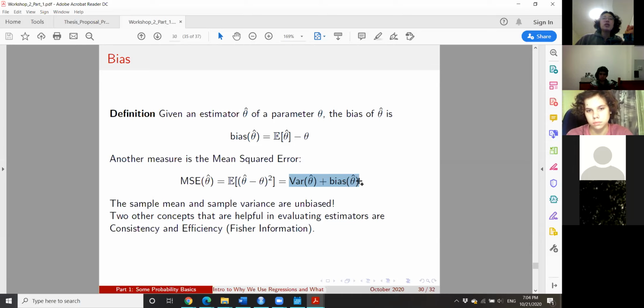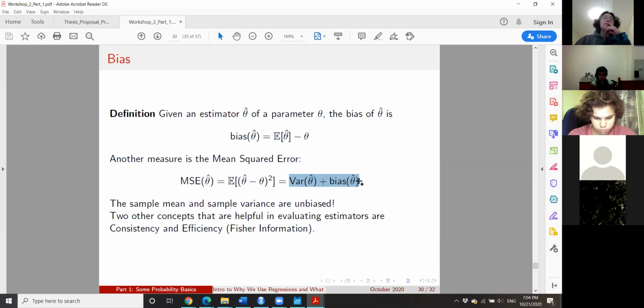What that means is that when we're thinking about computing different kinds of estimators, there are ways to compute estimators that get closer to what you're looking for that are perhaps biased, right?